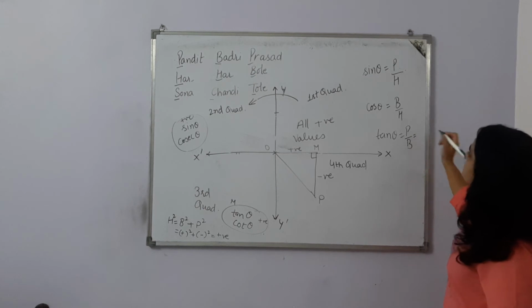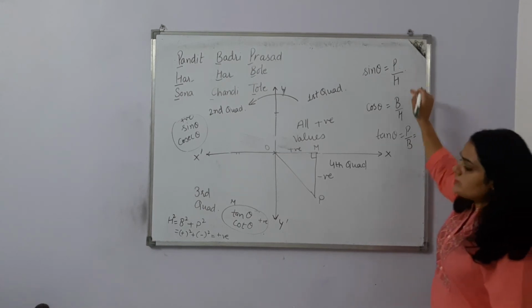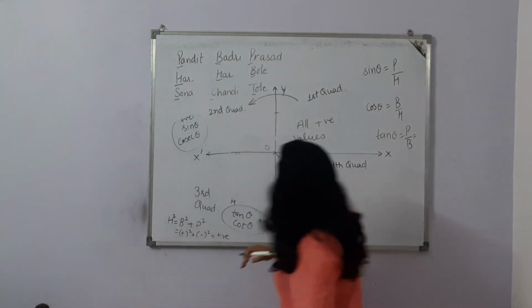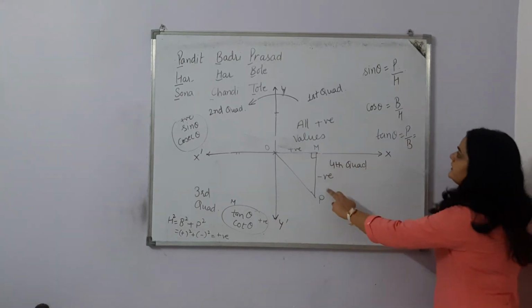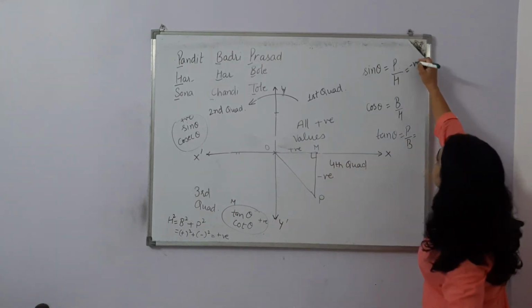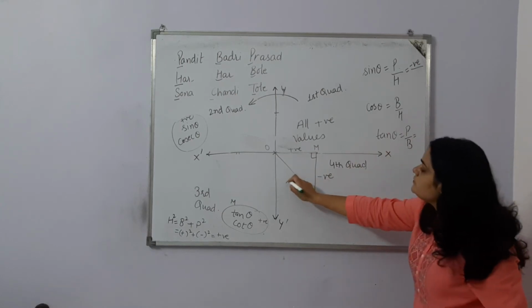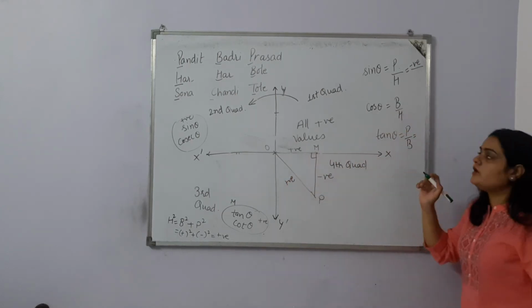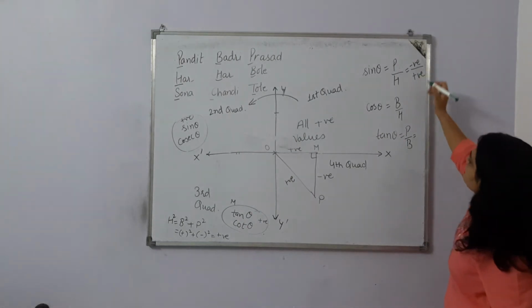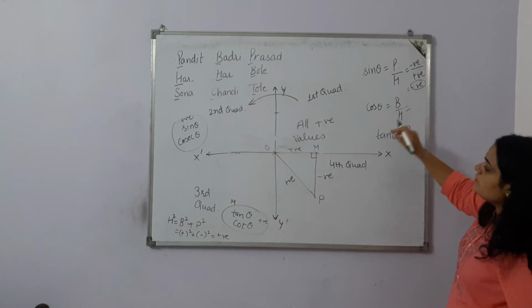Now, perpendicular upon hypotenuse. Perpendicular is negative, which is on negative side of y-axis, and hypotenuse is always positive. So we are getting negative answer. So what about base?